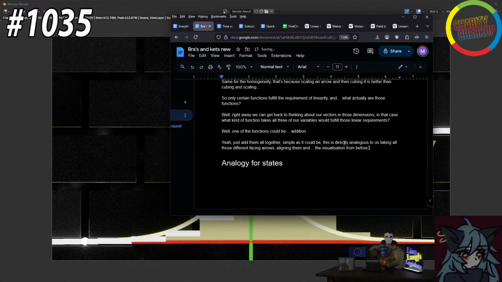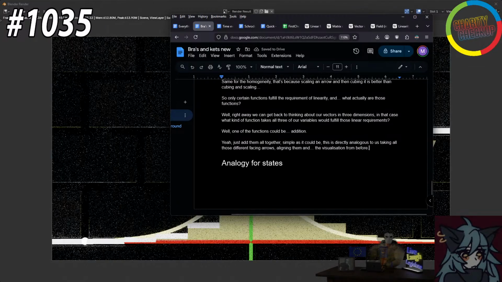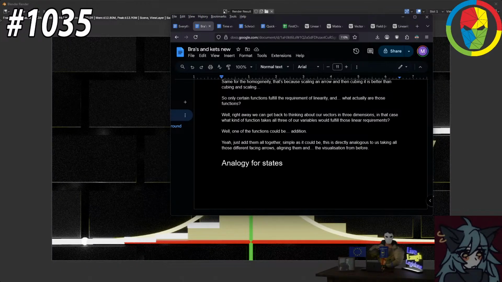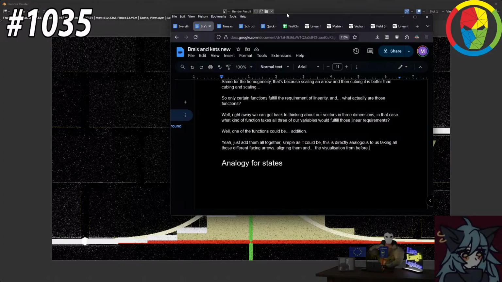There we go, simple. Right. Right. 2 rights for a left.